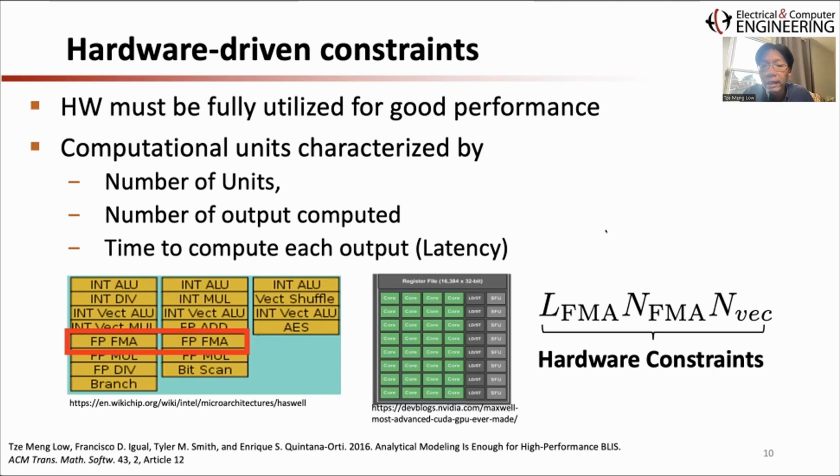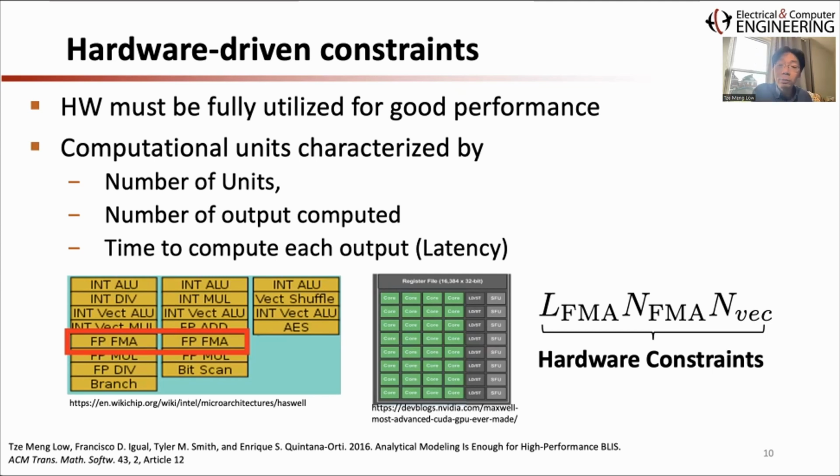It says that on any given architecture with, in this case, fused multiply-add or FMA units, the product of the number of outputs, the number of functional units, and the latency is the number of independent outputs that need to be present in the workload in order to fully utilize the functional units.